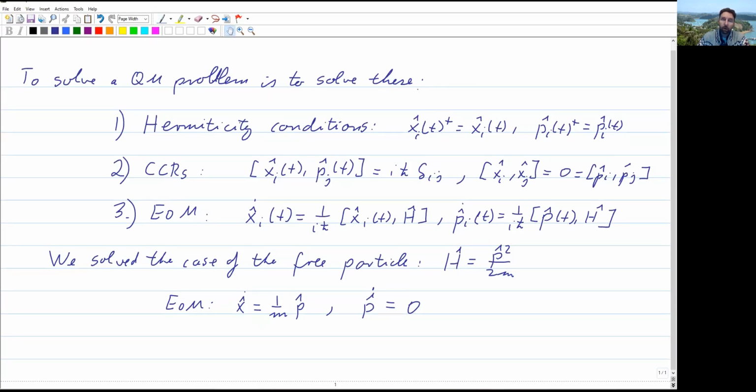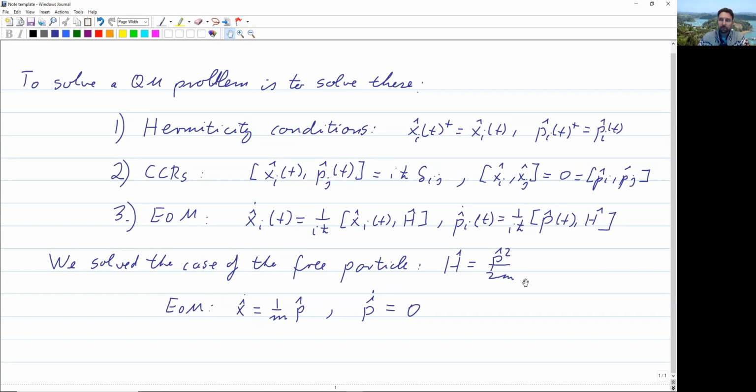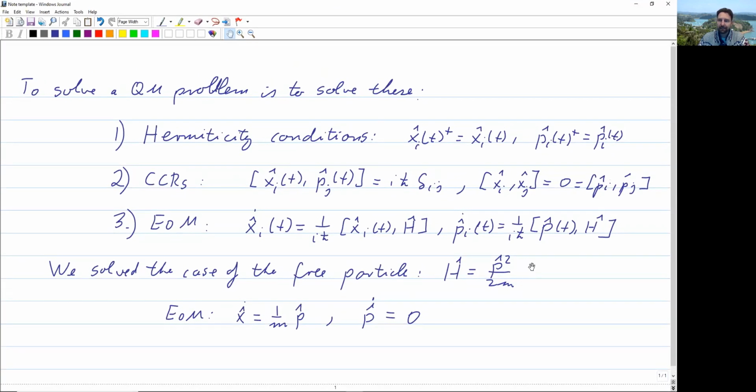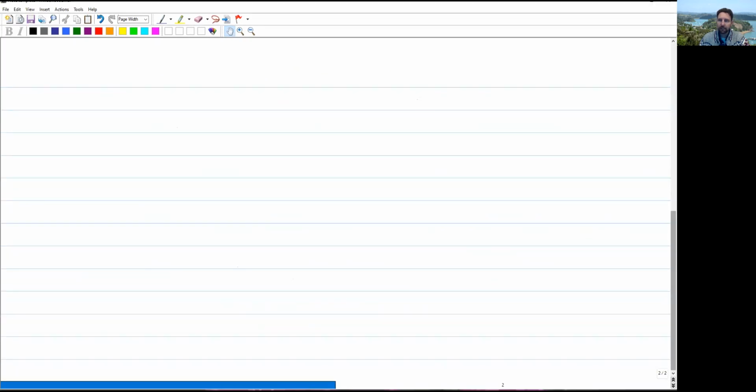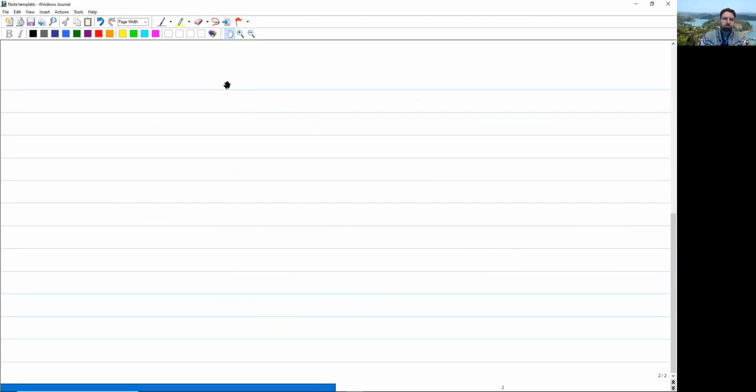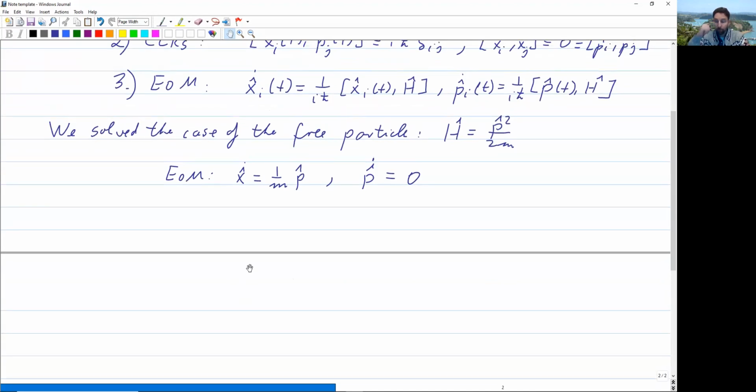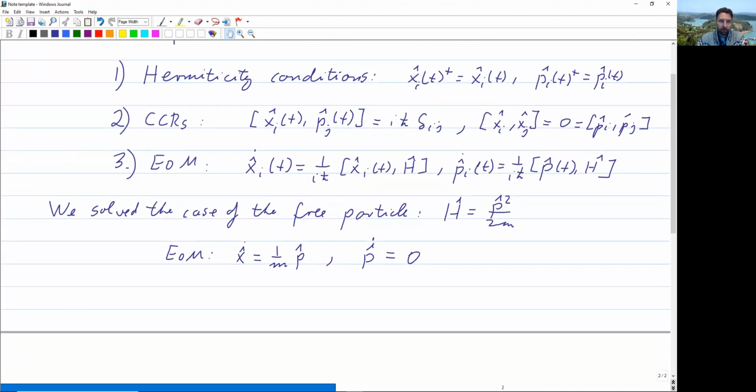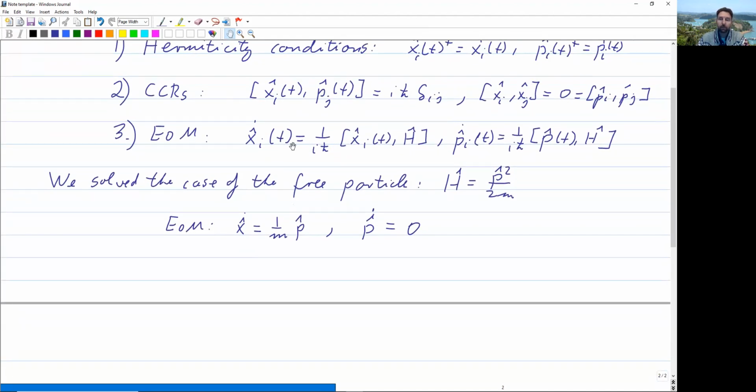So our challenge was to solve, yeah, this is going to be difficult, creating a new page, okay. All right, so the challenge was to solve the hermiticity condition and the canonical commutation relations for these equations of motion.